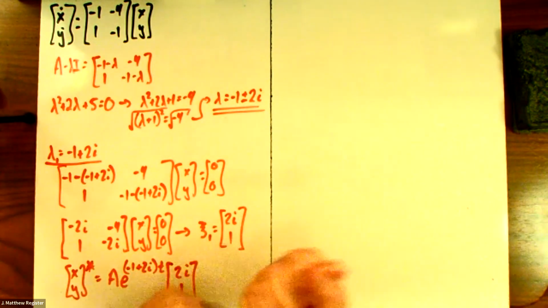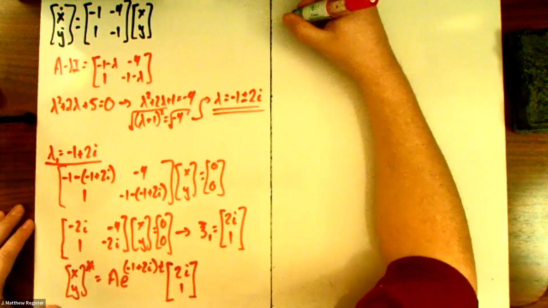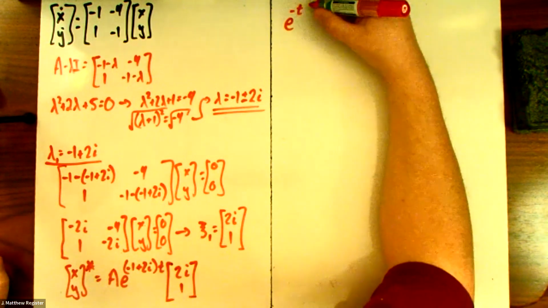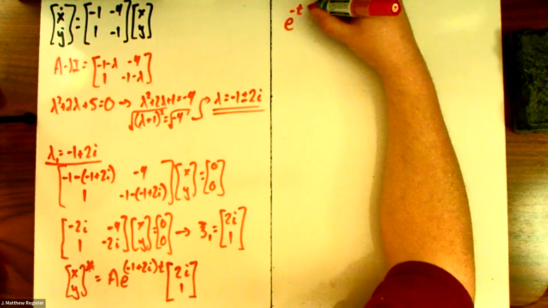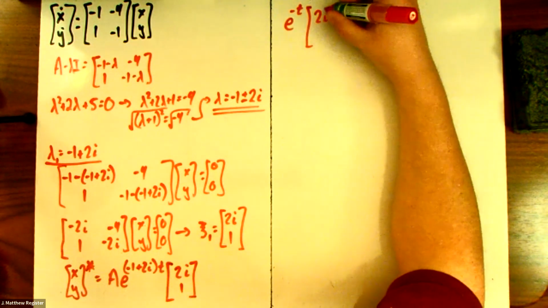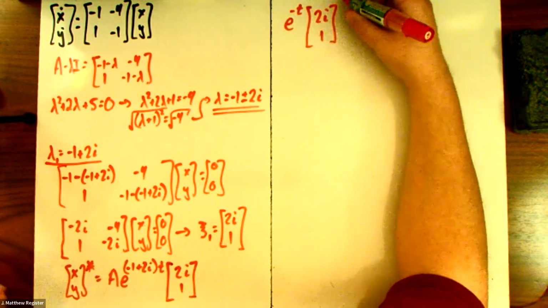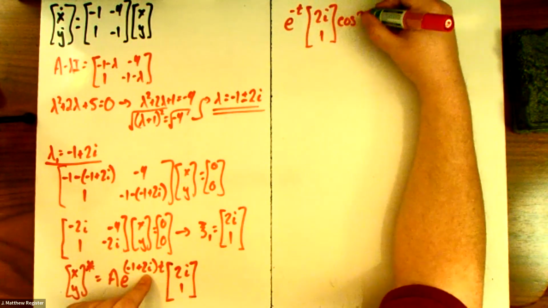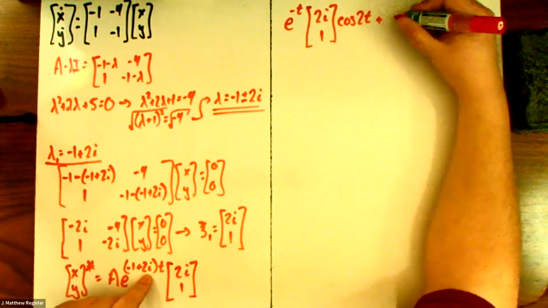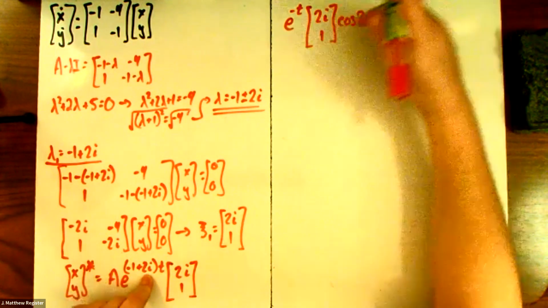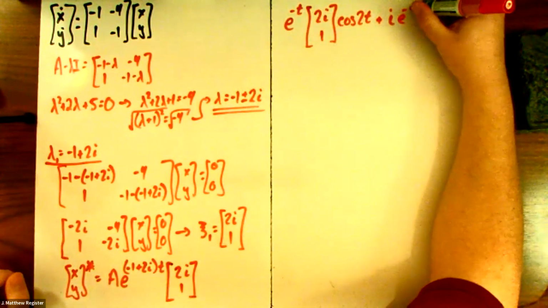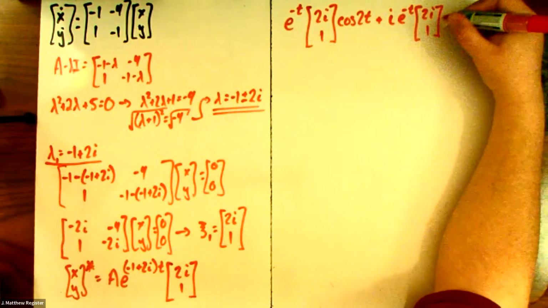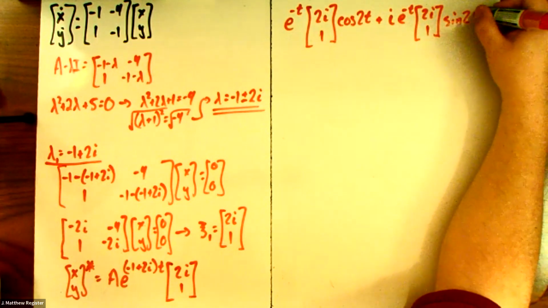And so writing this in terms of sines and cosines, we have e to the negative t, because distributing that, we get the negative t, times 2i and 1, and then it's going to be times cosine of 2t, plus i, e to the negative t still, times this vector again, times sine of 2t.